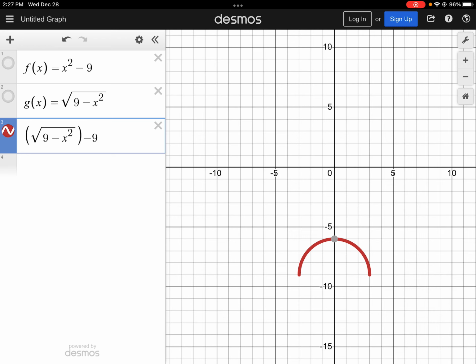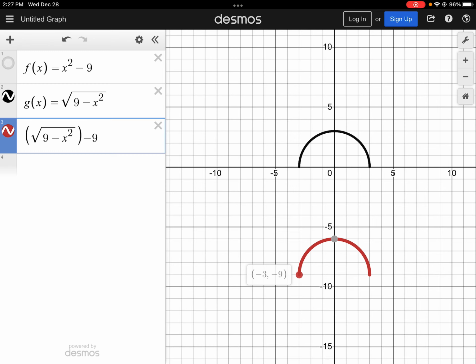Okay. So f of g of x is this half circle that's shifted down 9. And you can see that that composition function has the same domain as g of x. It goes from -3 to 3.